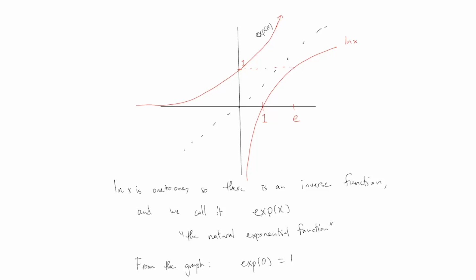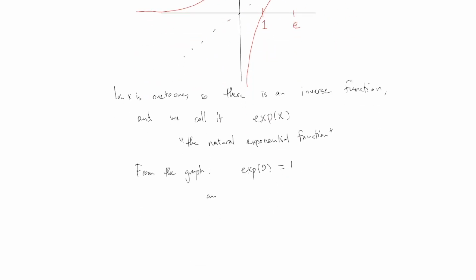Because this is the inverse, it means exp of 1 equals e. It's the other way around. Because this function is the inverse of ln, and ln of e equals 1, this has to be the other way around. Exp of 1 equals e.